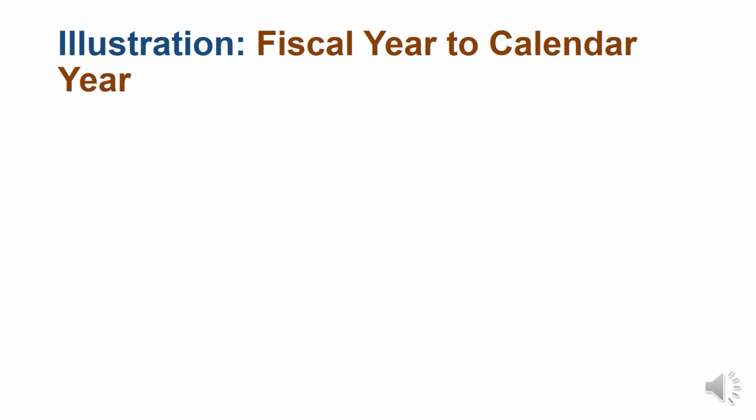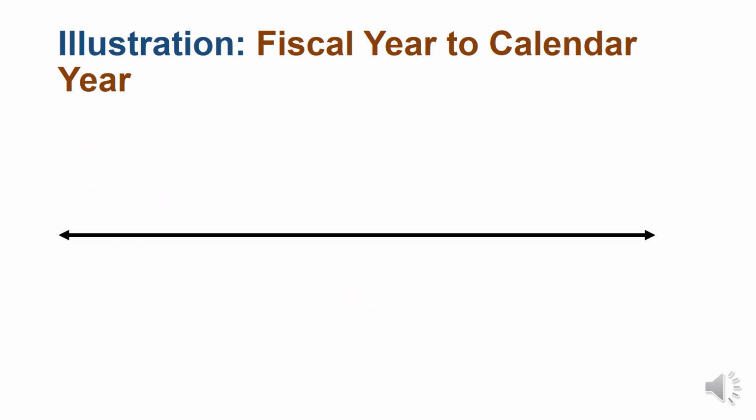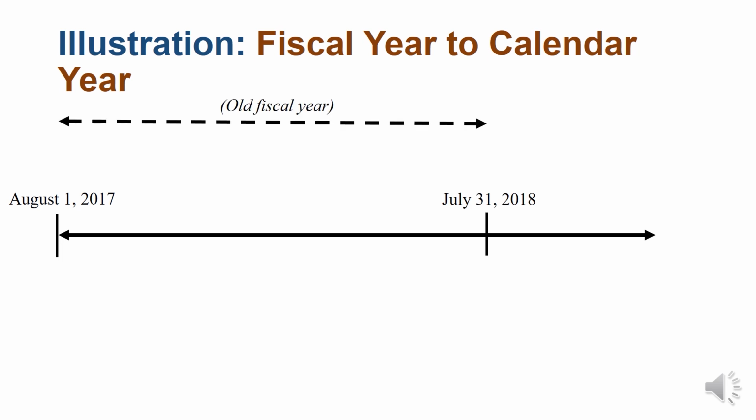So, let's have again a timeline. This is the old fiscal year beginning August 1, 2017 and ending July 31, 2018. This is the old fiscal year of Bohr's company. Bohr's company decided to change from fiscal year to calendar year.